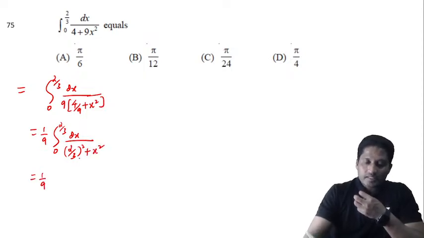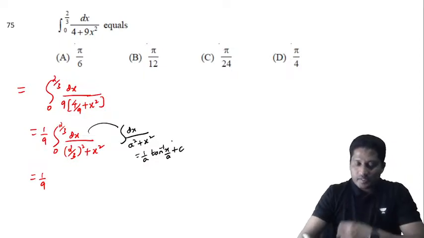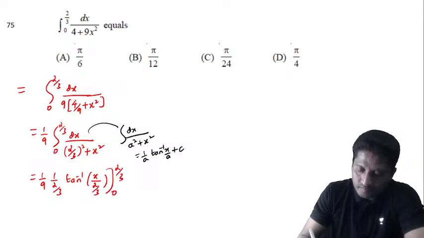1 by 9, this is dx by a square plus x square form. Formula will be 1 by a tan inverse of x by a plus c. So this is 1 by a, 1 by 2 by 3 tan inverse of x divided by 2 by 3 between the limit 0 to 2 by 3. This is 1 by 6.